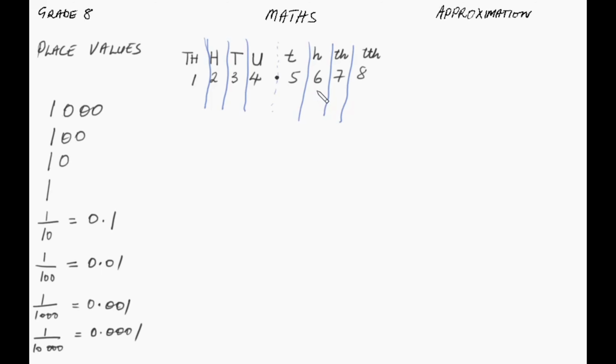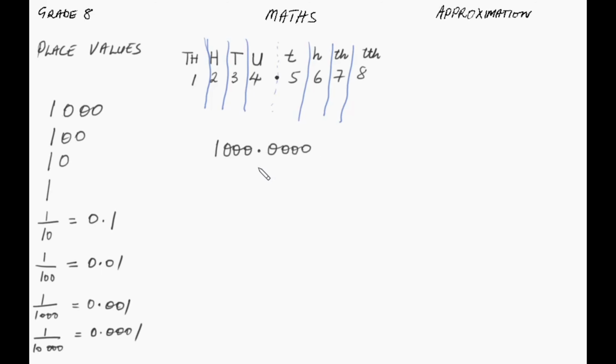Place value. If we would write these numbers individually, for this one, it's 1,000, so we would have 1,000.0000.